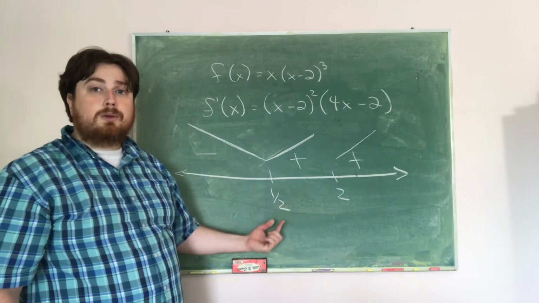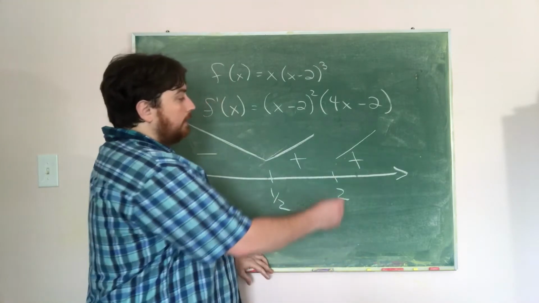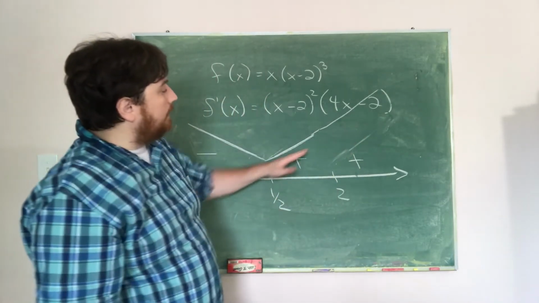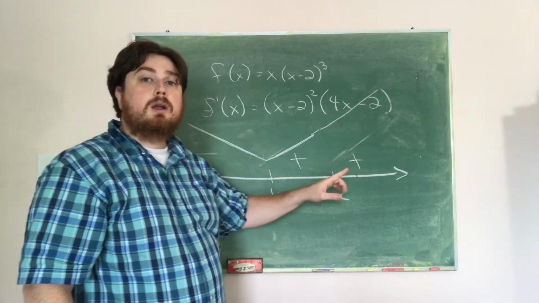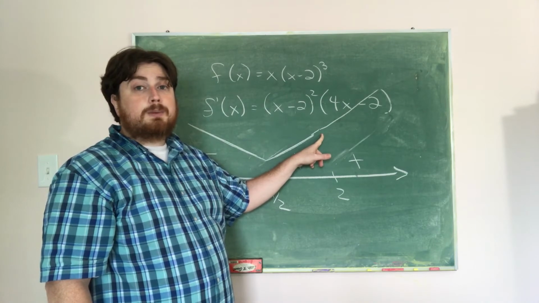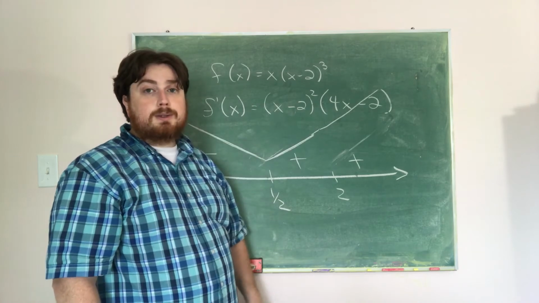Now if we look at 2, what's going to happen is we're going to increase and then increase some more. So you can imagine that function would look like that. So I increase, then increase some more. So notice that at 2, we're neither going to have a maximum nor a minimum. And so this critical value won't give us a local extrema.